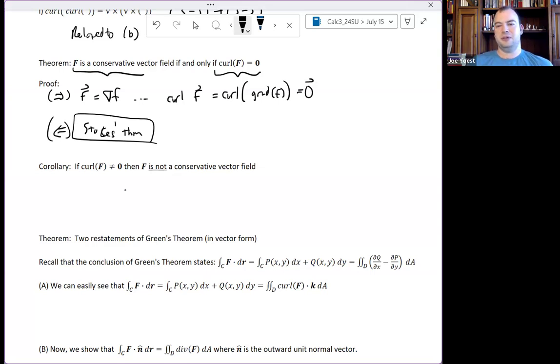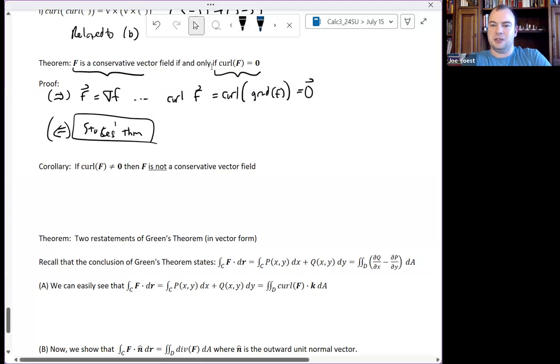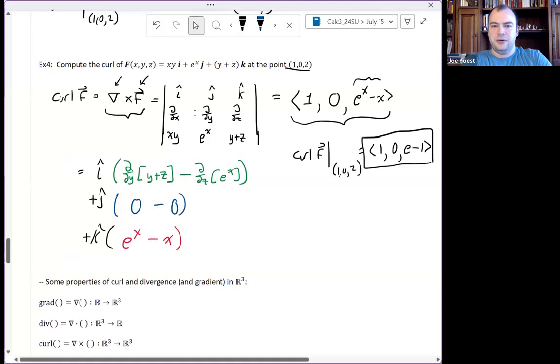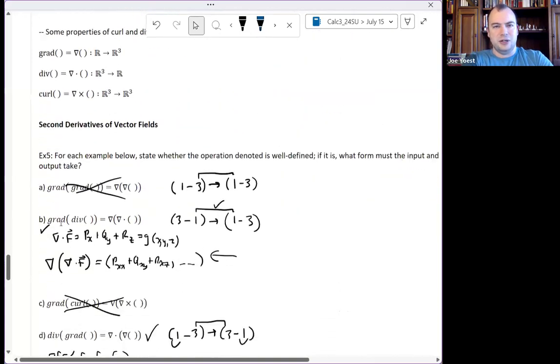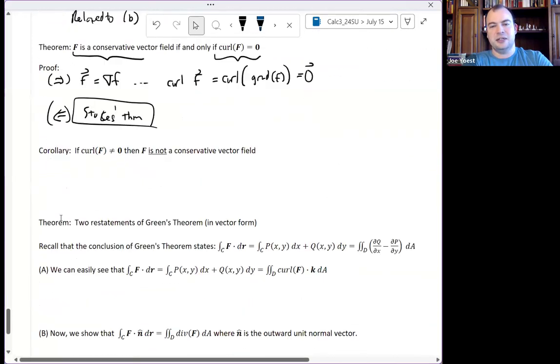It has a bit of that feel to it, which we would expect because this curl looks a heck of a lot like that partial derivative stuff that was inside of Green's theorem, which is where the partial derivative test came from. So linking all of these things back together doesn't seem like such a strange thing.